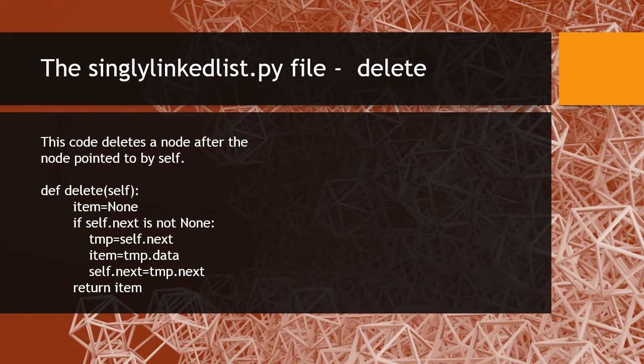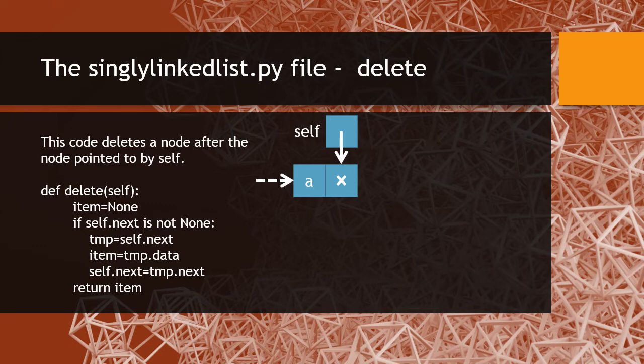If you look at my code, there is a variable called item, and at the end of the code I am returning item. This is the variable in which I will place the value of the deleted node, and at the end I will return this variable to the user because he wants to use it. So let us consider that I have this singly linked list, and this is self.